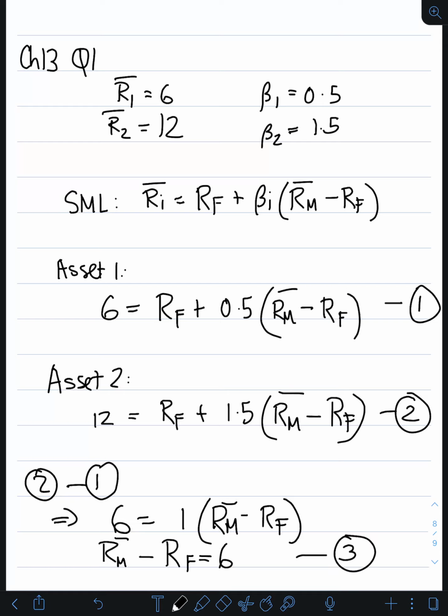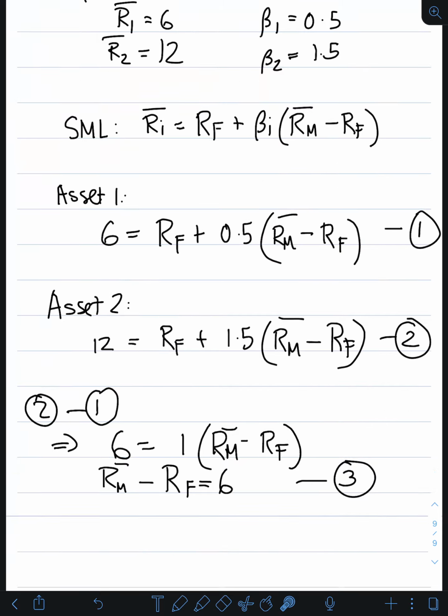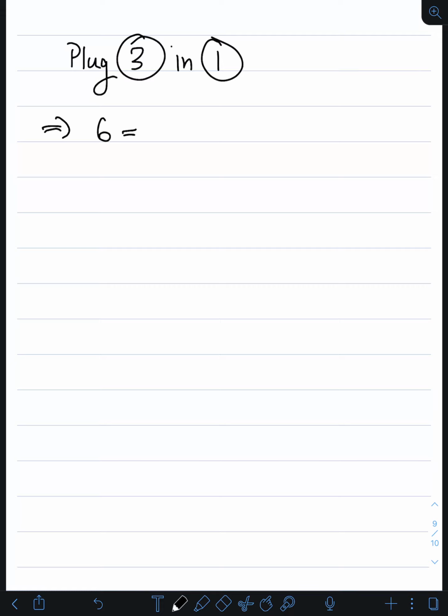Now we'll take equation 3 and plug it into equation 1, just so that we can eliminate some of the terms. We had 6 on the left side, that did not change. We have equals RF, that did not change.